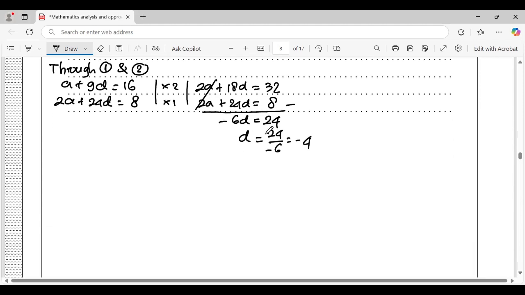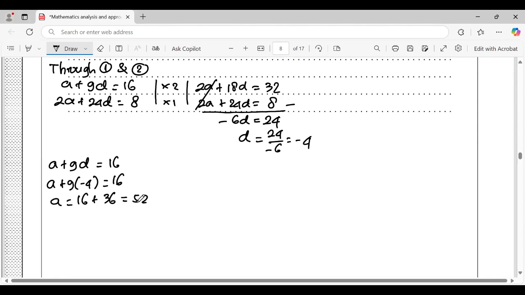Next, substitute d equals minus 4 into a plus 9d equals 16. So it becomes a plus 9 times minus 4 equals 16. a equals 16 plus 36 equals 52.